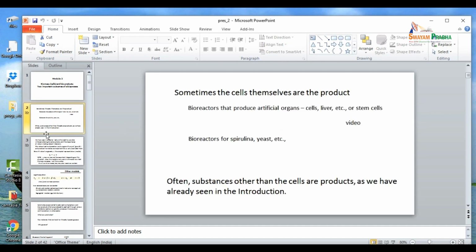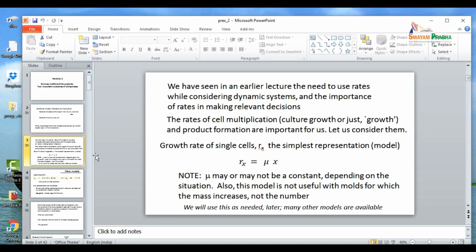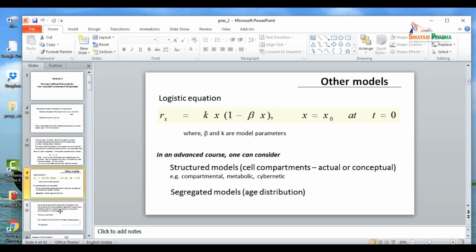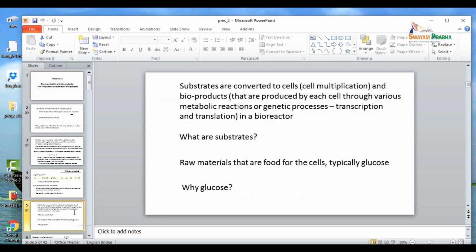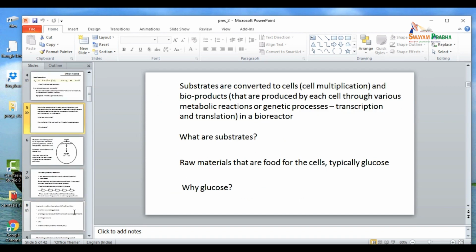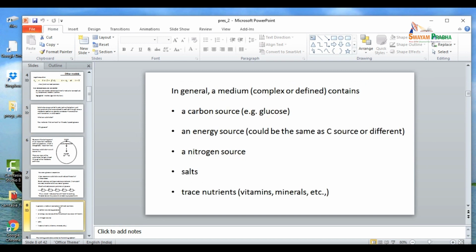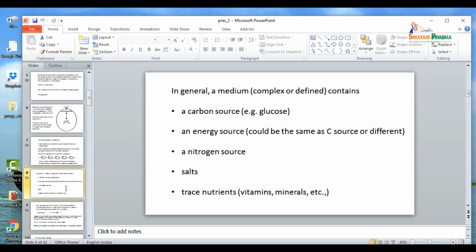We looked at the details of these products and then the models for the rate of cell formation, simple models as well as some detailed models, and then what are substrates and how they are converted and how the substrate affects the growth rate.